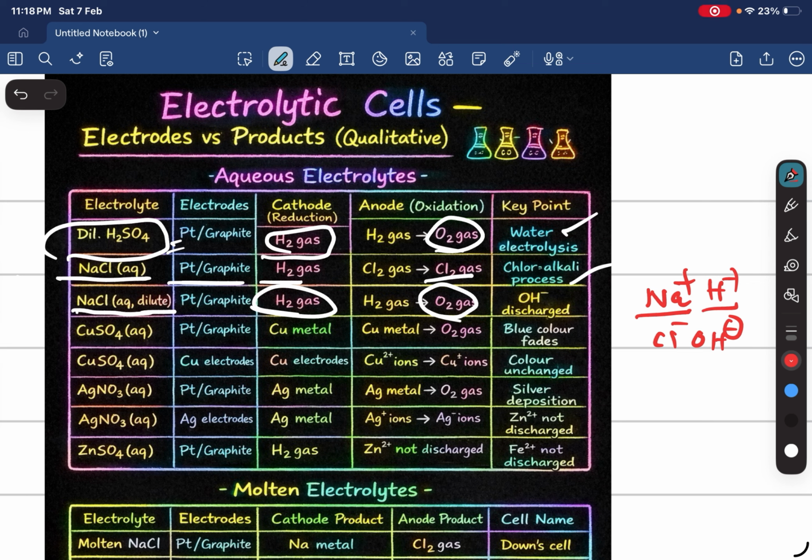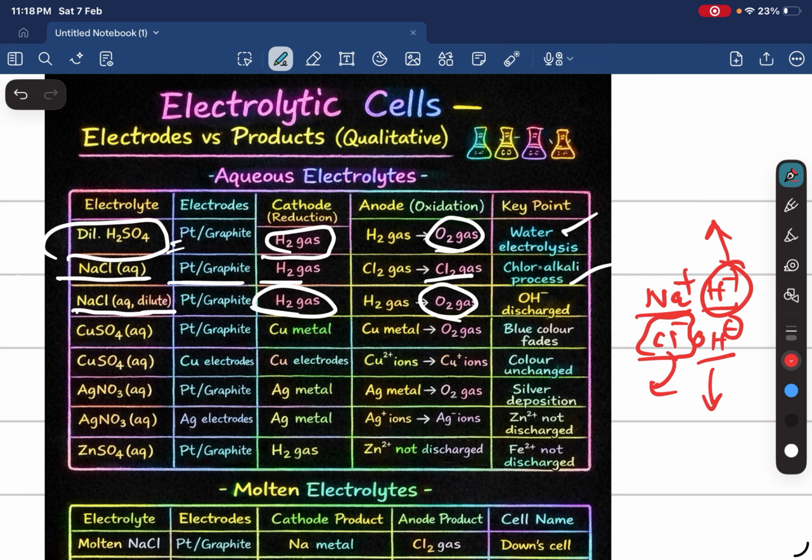Among Na+ and H+, the low reactive metal ion is stable in molecular form, so it will liberate H2 gas at the cathode. Among Cl- and OH-, Cl- has more discharge capacity, so it will deposit first, leaving OH- in the solution.